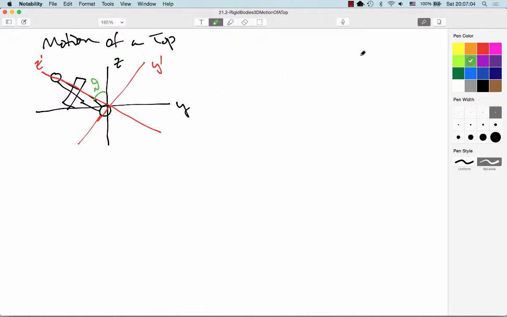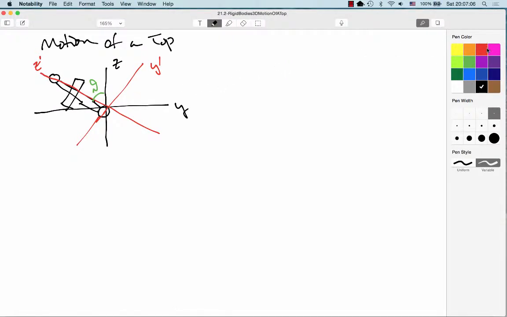Okay, so anyway, the center of mass of the top is located here, and so we have a force of gravity acting on it there. And also we have a normal force acting up on it right there. Now I chose my axis through the point of contact with the floor, so we don't have to worry about the torque due to the normal force.